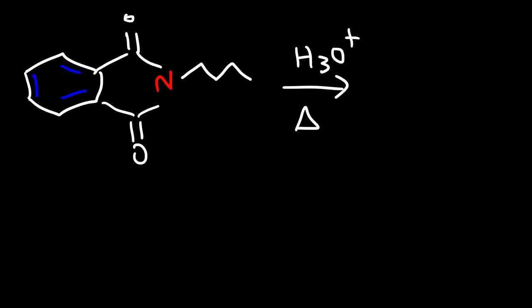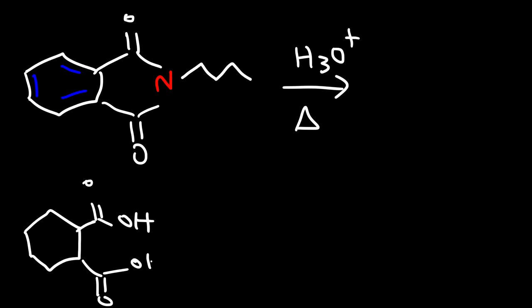So if we react this with H3O plus and heat in the final step, we're going to get a side product which basically contains a benzene ring with 2 carboxylic acid functional groups. And we're going to get our product, but in its protonated form because the solution is acidic. So we're going to get an ammonium ion instead.